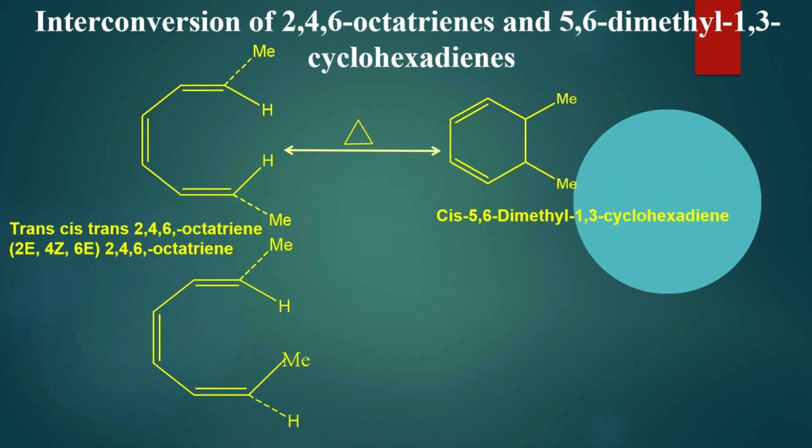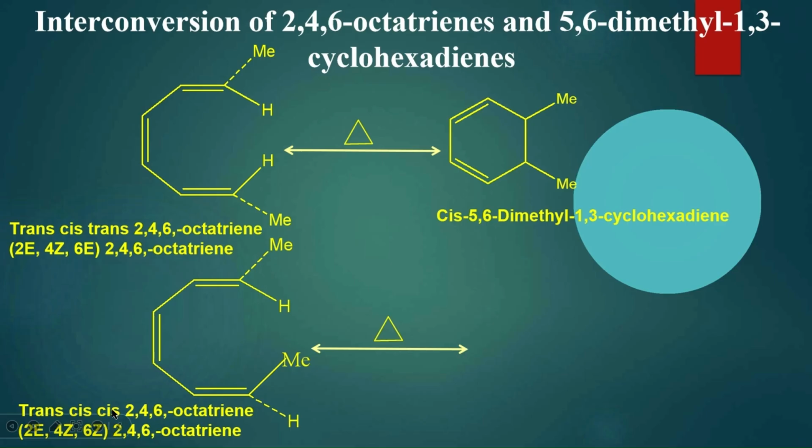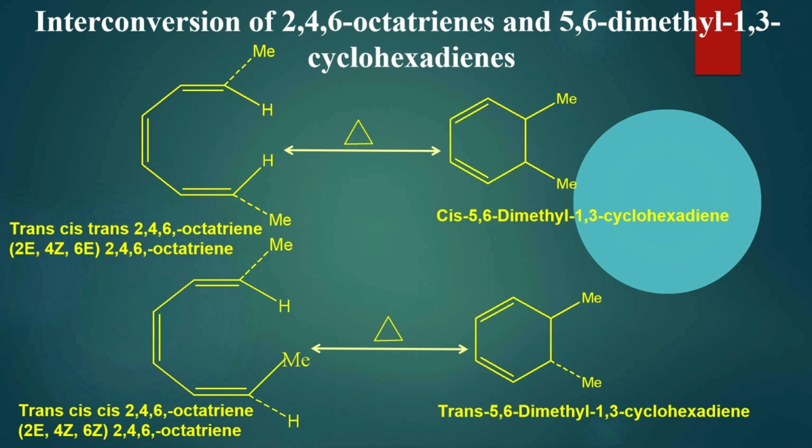If I take, instead of trans-cis-trans, trans-cis-cis 2,4,6-octatriene, that is 2E,4Z,6Z-2,4,6-octatriene, then when it is induced thermally, it undergoes this rotation and gives rise to the trans derivative, trans-5,6-dimethyl-1,3-cyclohexadiene.